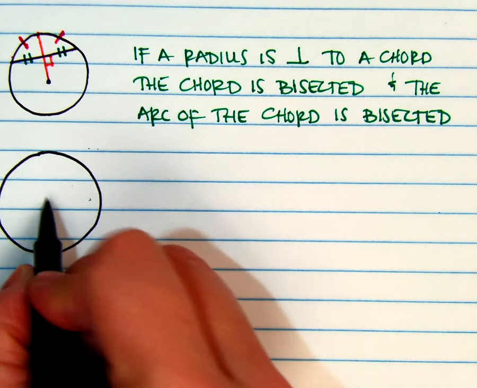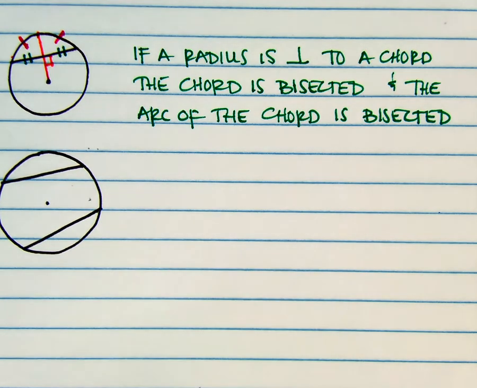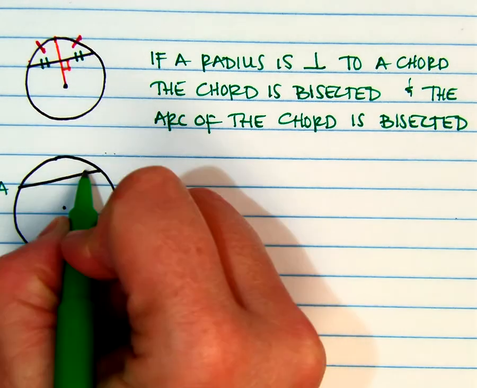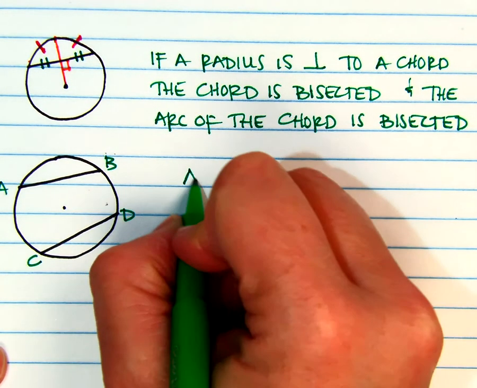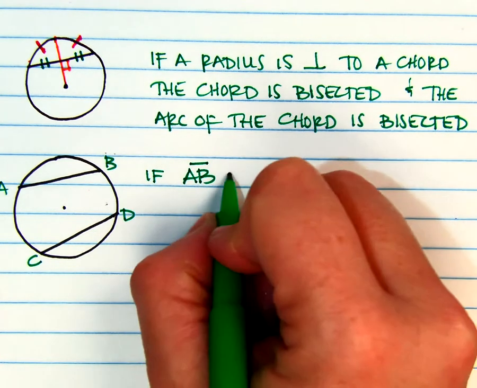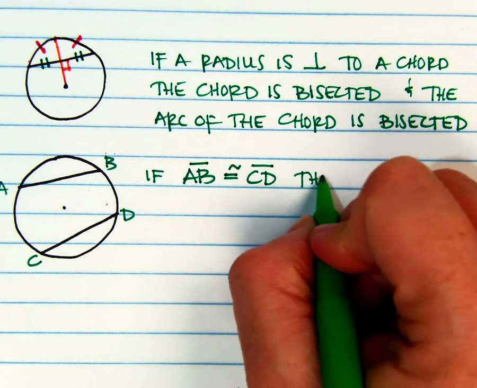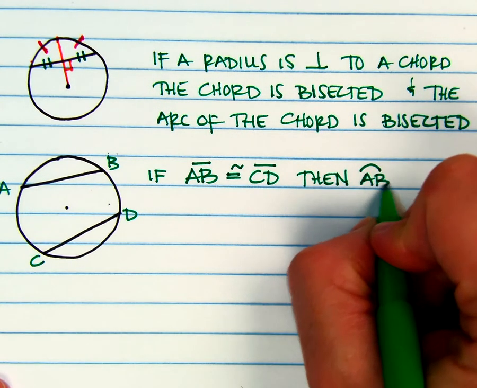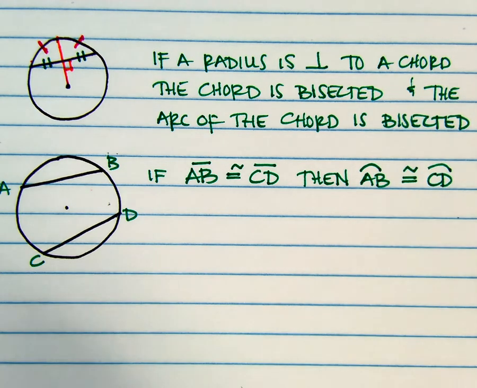If we have another circle with chords, some letters in here, this is A, B, and C, D. So if chord AB is congruent to chord CD, then arc AB is congruent to arc CD.